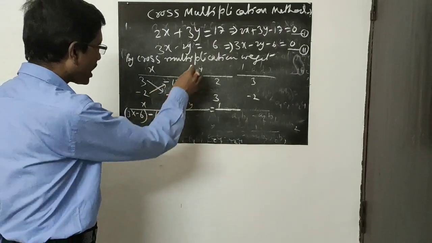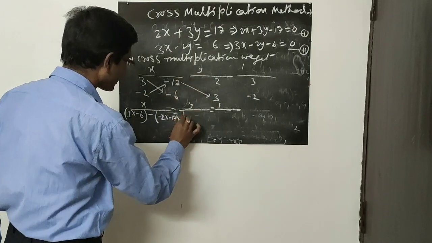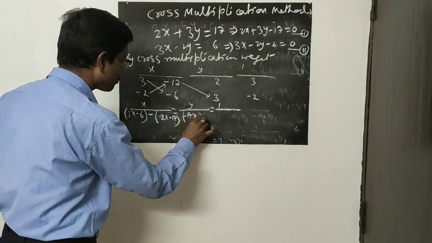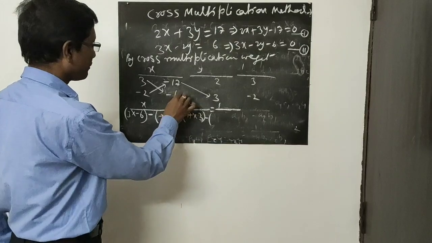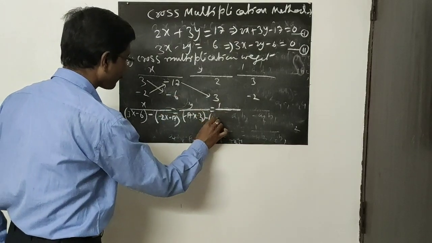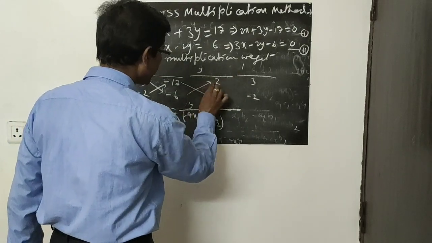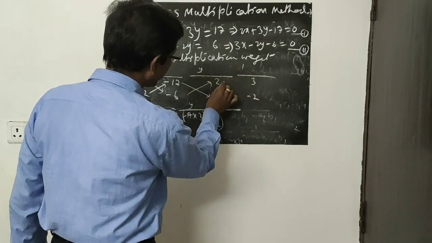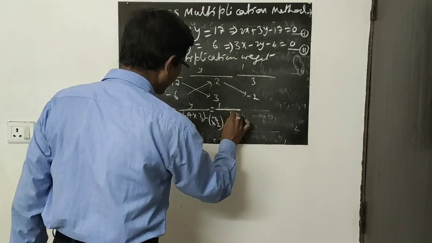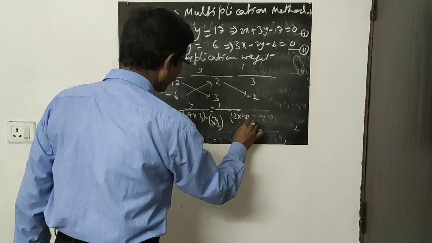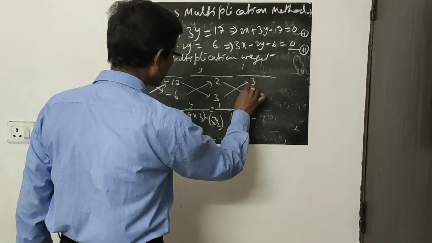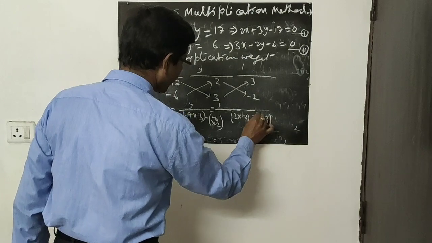Equal to y by this into that: minus 17 into 3, minus 6 into 2. Or 1 by, this one is over, 2 into minus 2, minus this order 3 into 3.